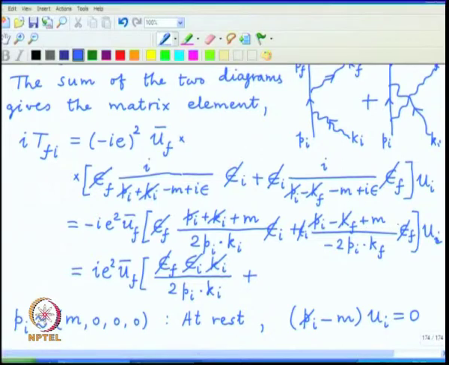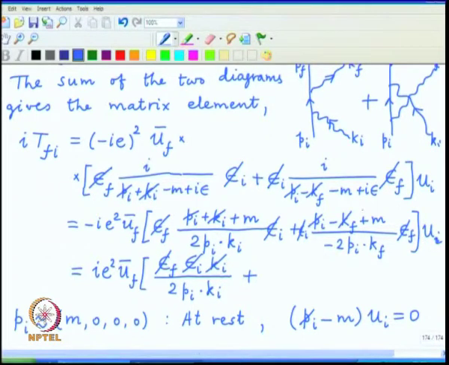Similar analysis can be done for the other side. Again, p slash can be commuted with epsilon f slash for the same reason. Epsilon f is also transverse. So, its dot product with p is 0. Again, we will have minus p I slash plus m acting on this wave function u I, which gives 0 from the Dirac equation.